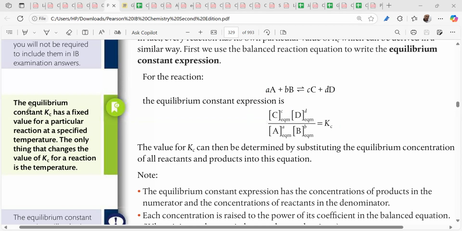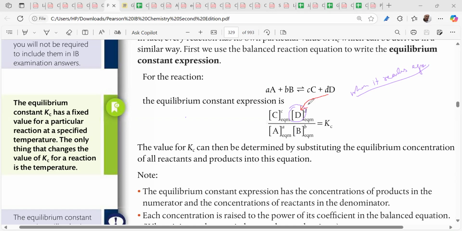And over here, what we have to do is replace the concentration. We have to put the concentration when it reaches equilibrium, not any other concentration values. This important bit is clear: we only put the concentration of the reactant and product when it reaches equilibrium.